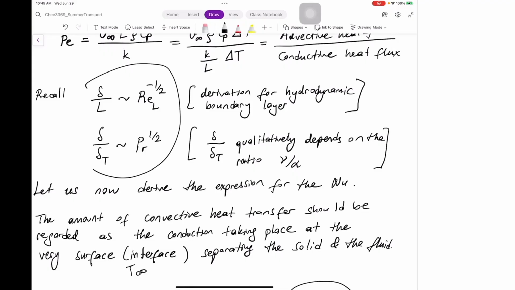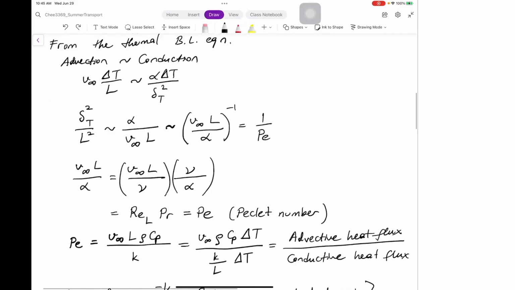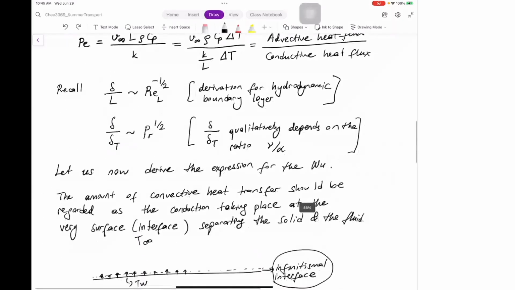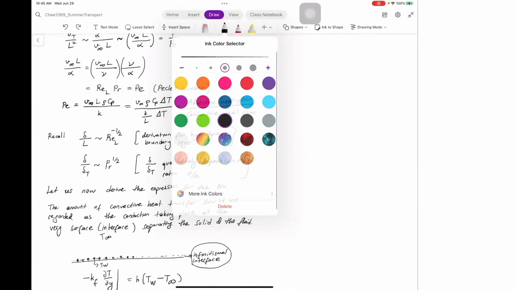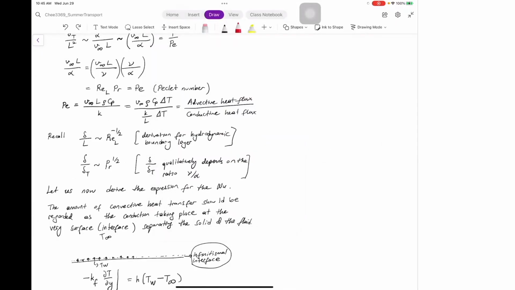Okay, from here one can get the following using the 2. Divide the one on the bottom by the one on the top.